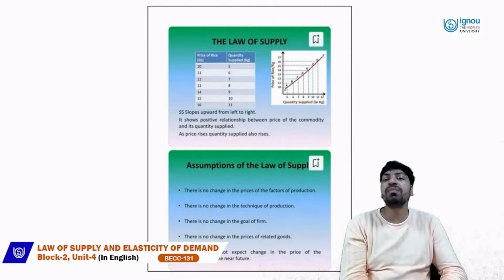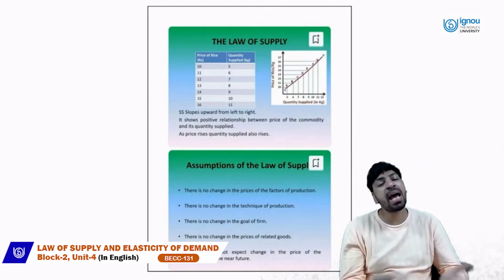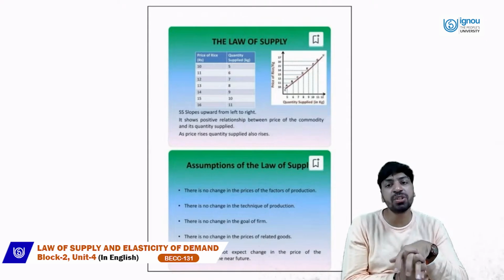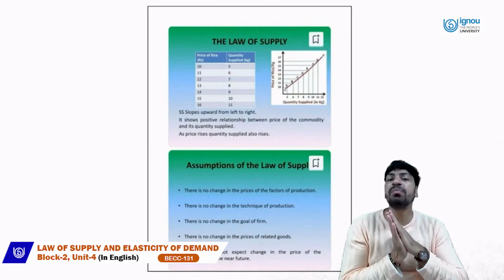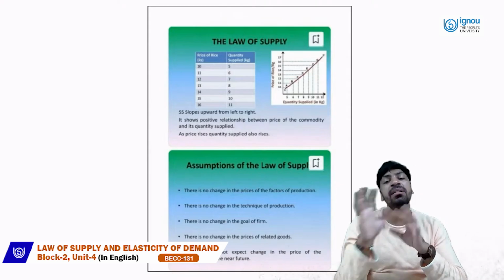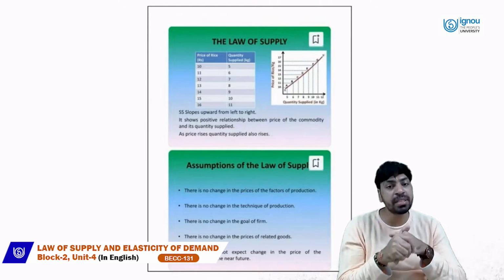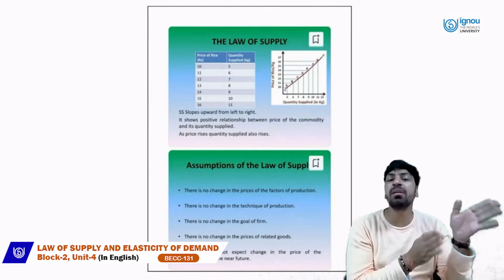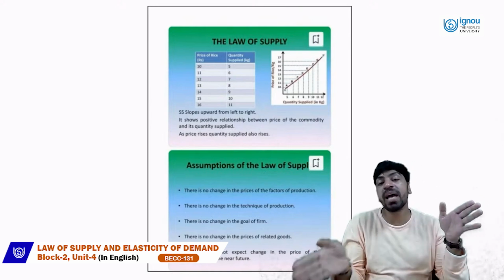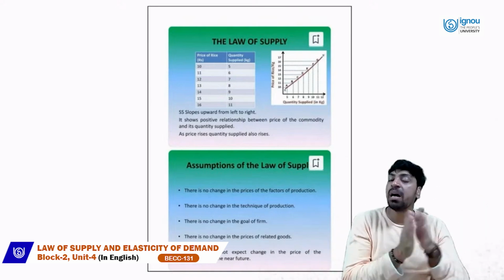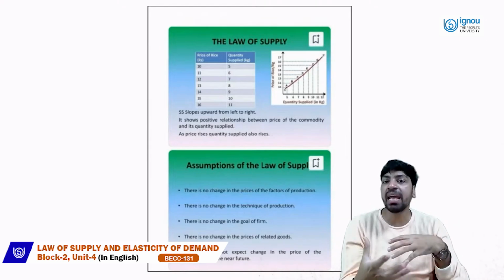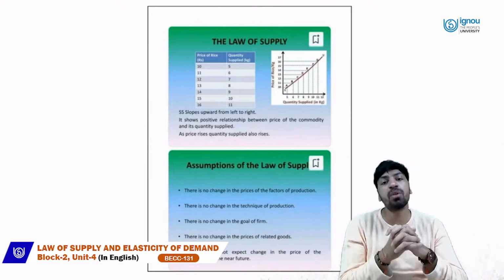When we talk about the law of supply, as I told, the law of supply states a positive or direct relationship between the quantity supplied and the price, and other factors remain constant. That's the law of supply: other determinants which also influence supply remain constant, but a positive relationship exists between the price and the supply quantity of a particular commodity.